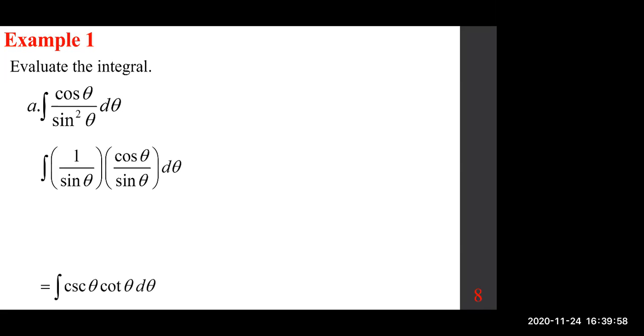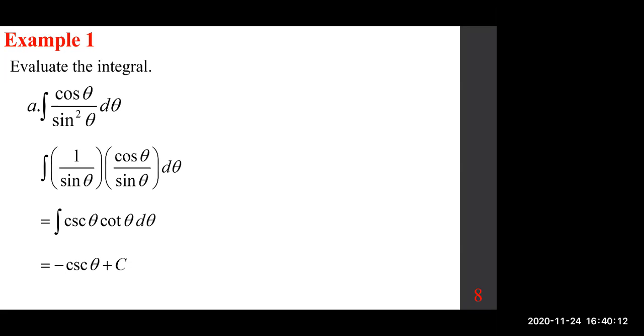Now we have a cosecant times cotangent, and we know the derivative of cosecant is minus cosecant cotangent. So therefore, the integral of this must be minus cosecant theta plus C. A simple case where we manipulate the given integral such that it becomes an easy case of anti-differentiation for trigonometric functions.